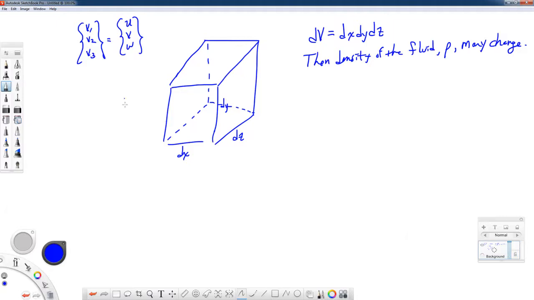And we're going to put a coordinate system on this. So we have x, y, and z directions lining up with our cube.